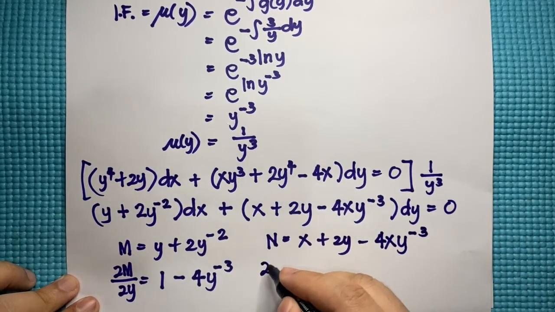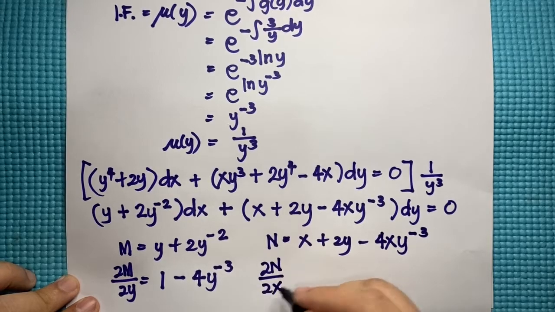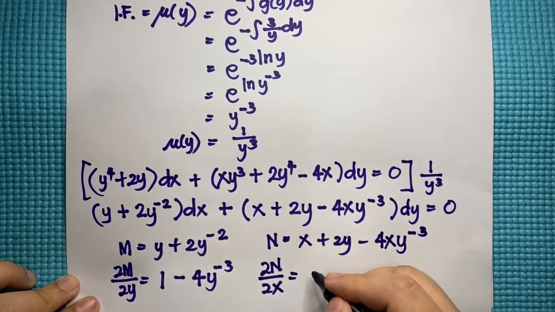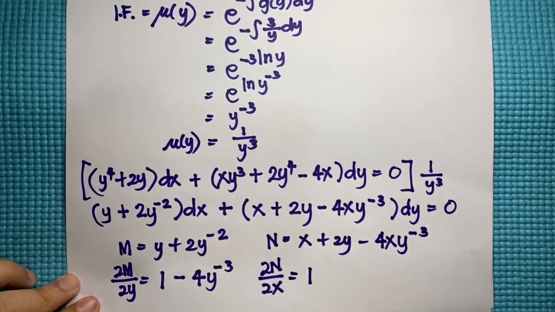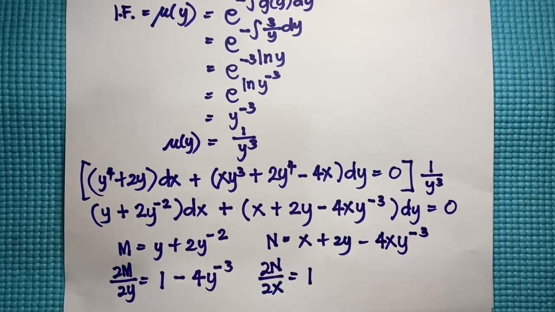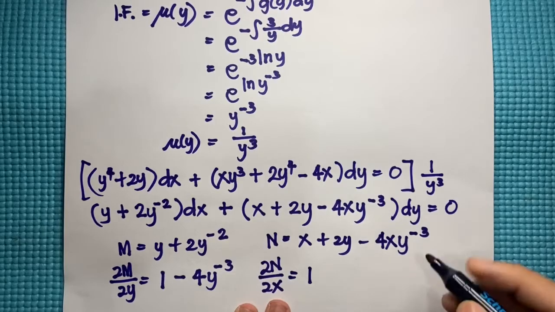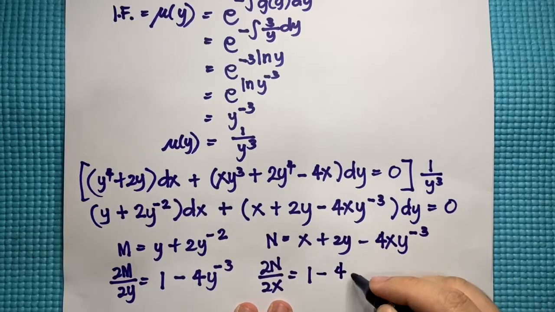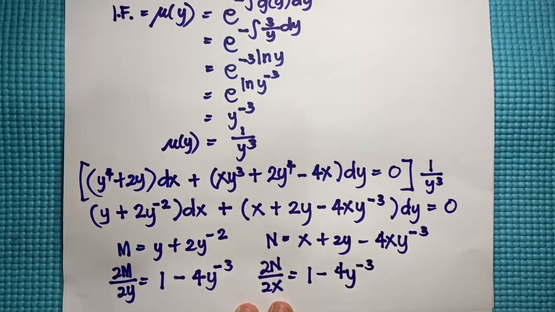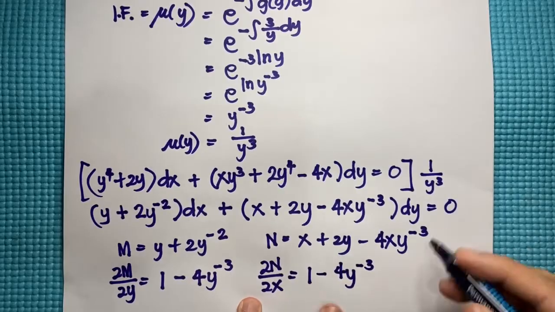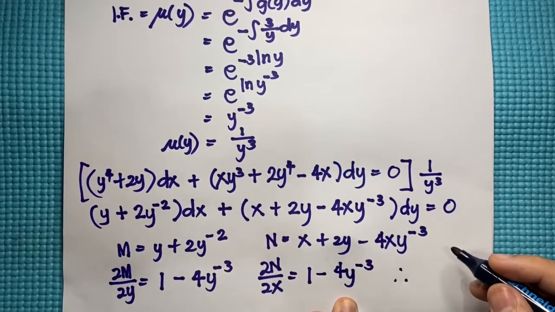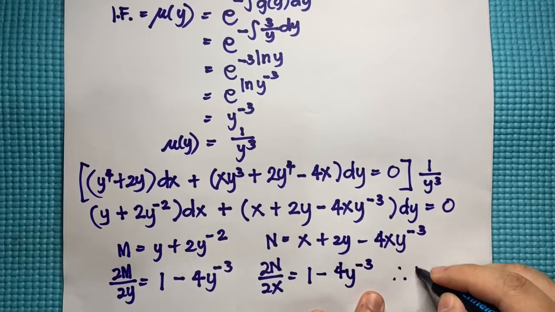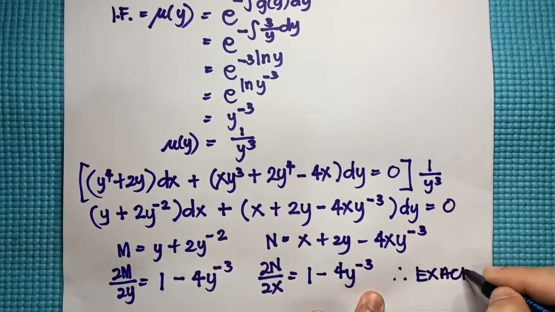The partial derivative of n with respect to x: x gives 1, 2y gives 0, and the derivative of the x term is 1, so negative 4, y raised to negative 3. Again, the two are equal, making our differential equation exact this time around.